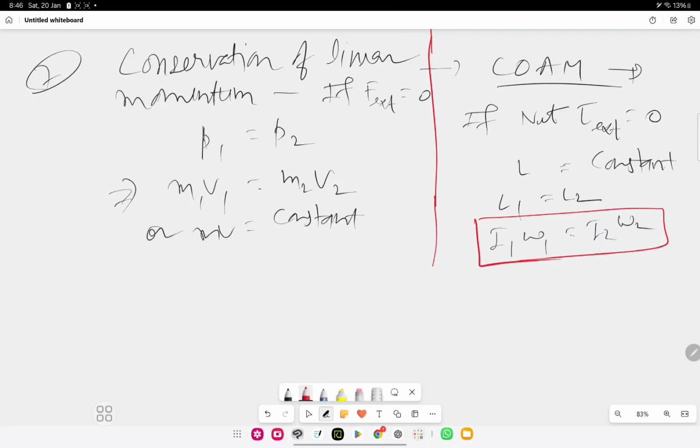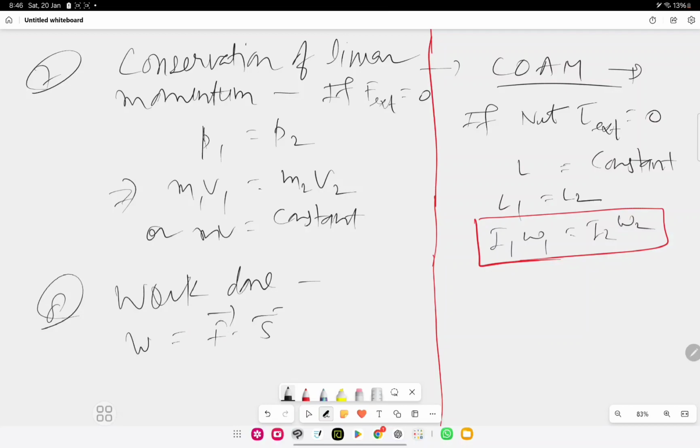Next thing that we are going to talk about is the relation of linear and angular motions. The eighth point is the work done. How do we define work done? For linear motion, work done we define as force F dot S, right?